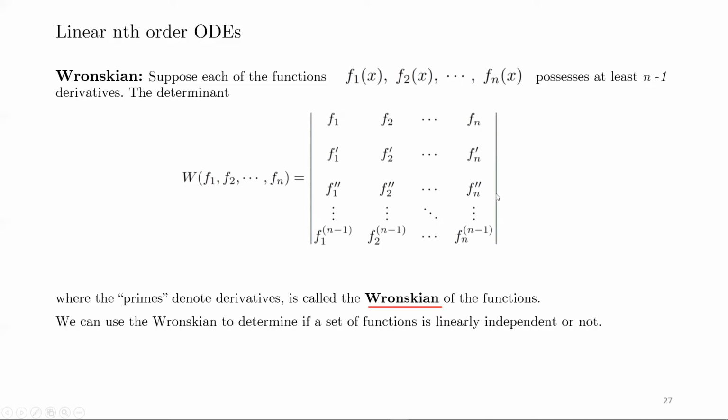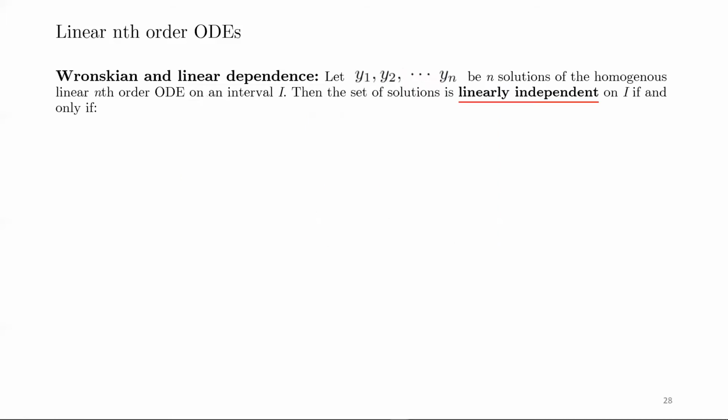Okay, and so we can use this calculation, this Wronskian, this determinant, to determine if a set of functions is linearly independent or not. So, Wronskians and linear dependence. We're going to calculate a Wronskian soon, so it'll be a good reminder of how to calculate a determinant of a matrix. So how does this Wronskian relate to the concept of linear dependence?